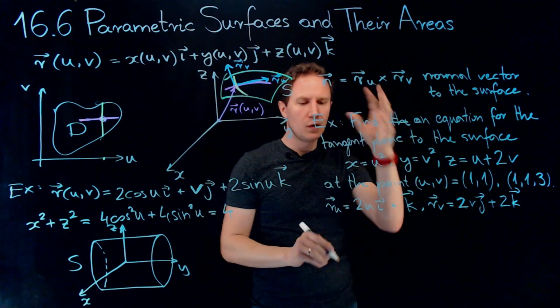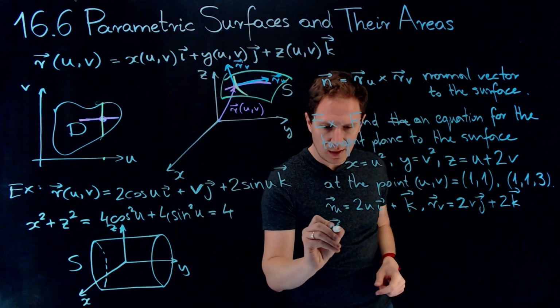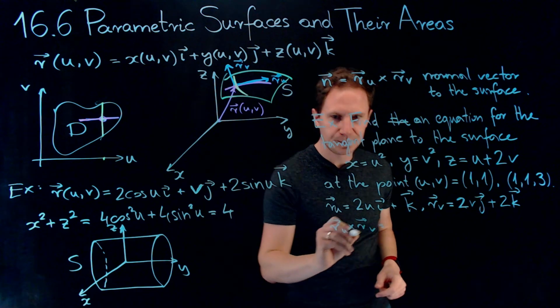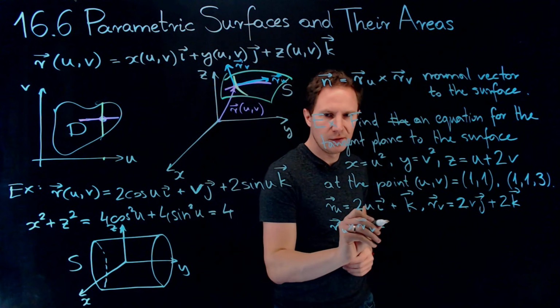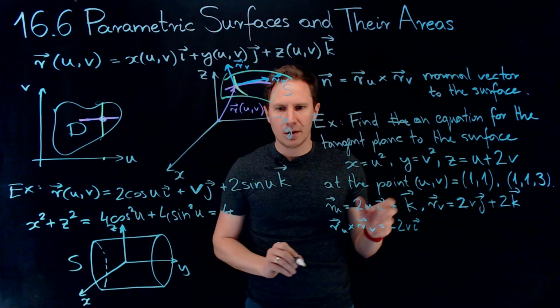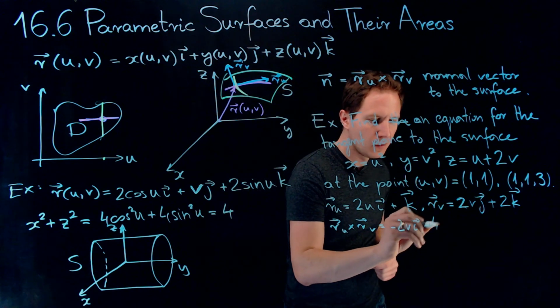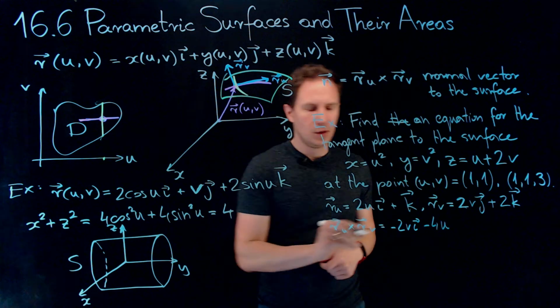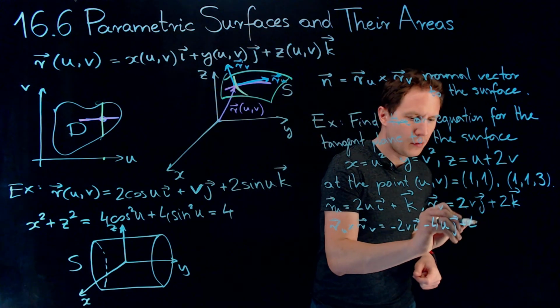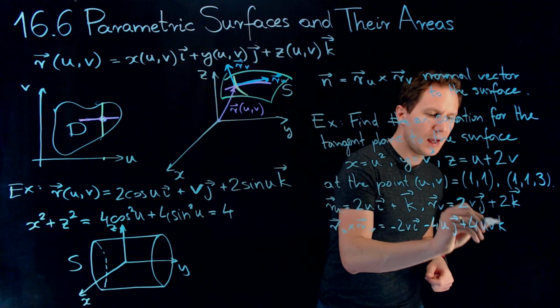We have to compute their cross product, which if you do, let me just give you the answer, it's minus 2v i, so I hope you did compute this, minus 4u j and plus 4uv k.